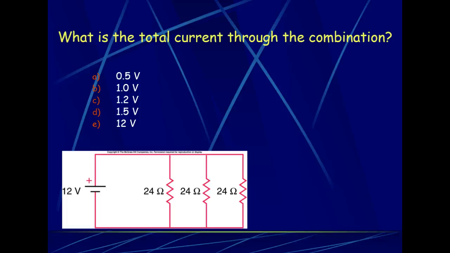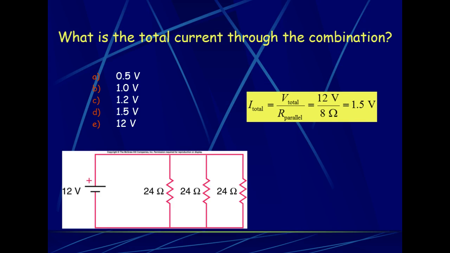Now, if we're going to look at the total current through the combination, we would use Ohm's law. And you can ignore these, they're the wrong units. So Ohm's law says our total voltage divided by our equivalent resistance is going to equal our current. So we get 12 volts divided by 8 ohms, which gives us 1.5 amps.